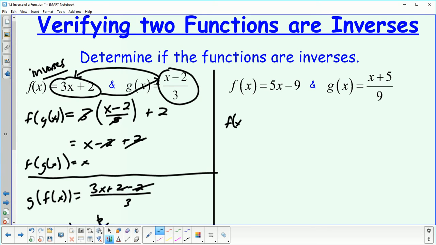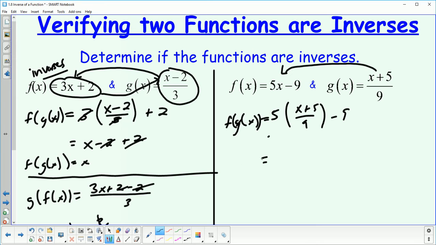Okay, now we can test out the one we have over here. So f of g of x, that means I'm taking this whole term and plugging it in right there. So I'm going to have 5, and then in parentheses, x plus 5 over 9, minus 9. And if I distribute that 5, it doesn't cancel out as neatly as it did in that last problem, you'll see. We actually end up distributing that into our numerator only. Remember, when we multiply here, distribute only to the numerator.